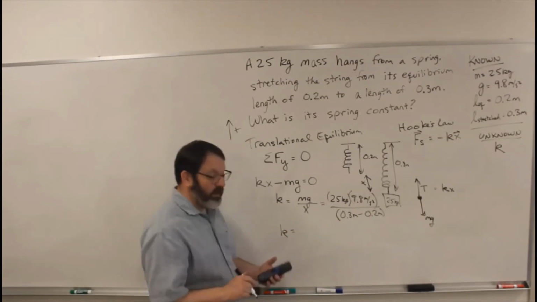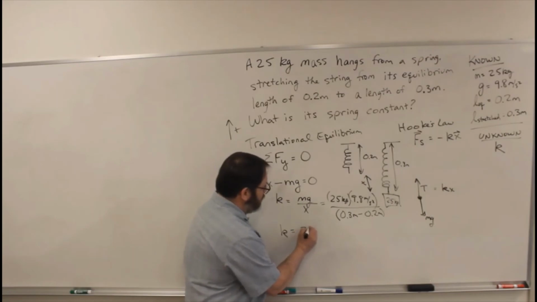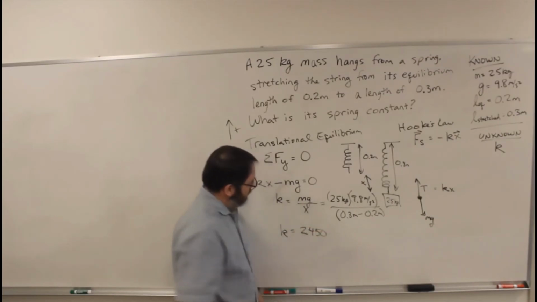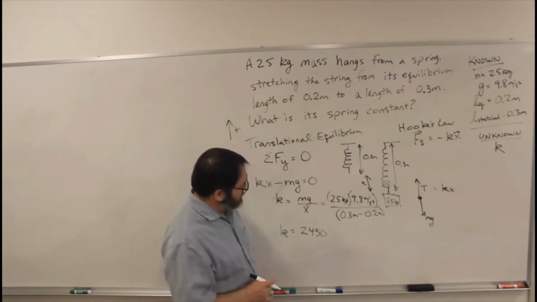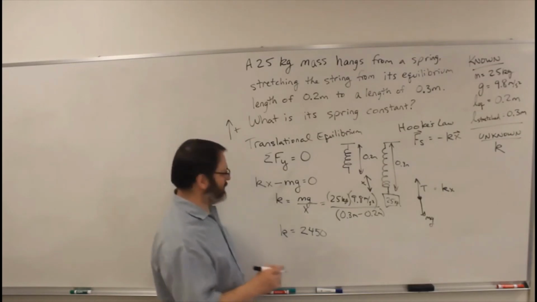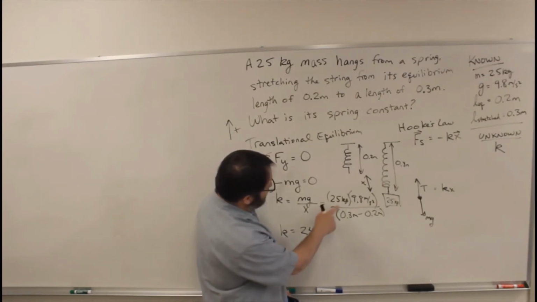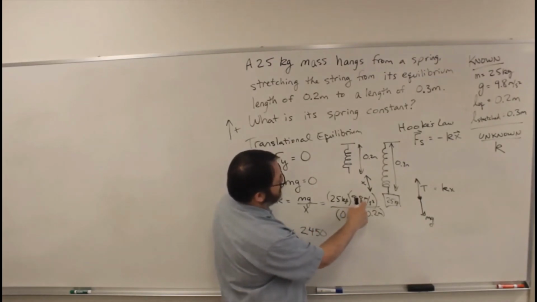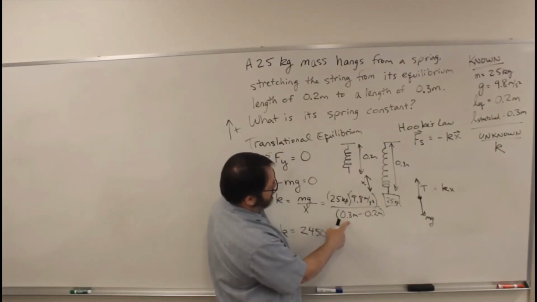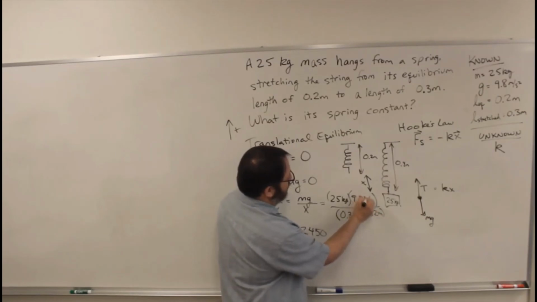K is 2,450. And what are my units on this? Now we can use dimensional analysis. So dimensional analysis, we can say kilograms times meters per second squared divided by meters. Meters cancel.